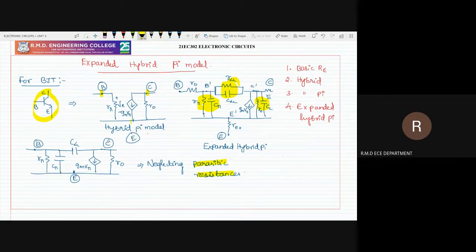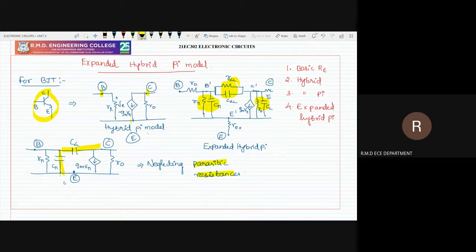So it is 99% similar to your hybrid pi model. Only you are introducing two capacitances, one called C pi and another called C mu. Later, we call C mu the Miller effect capacitance, the Miller capacitance. So these are the hybrid pi and expanded hybrid pi models of the BJT.